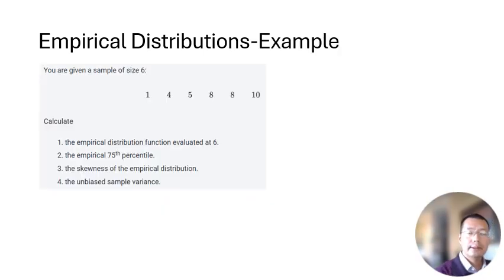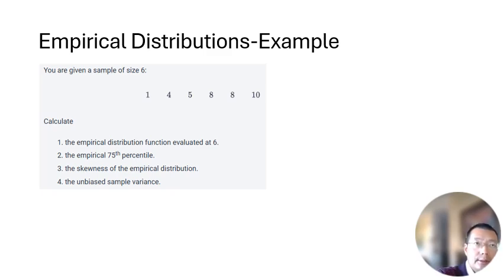Now let's look at this example. You are given a sample of size 6: 1, 4, 5, 8, 8, 10. Calculate the empirical distribution function evaluated at 6. So first, how do we interpret this question?